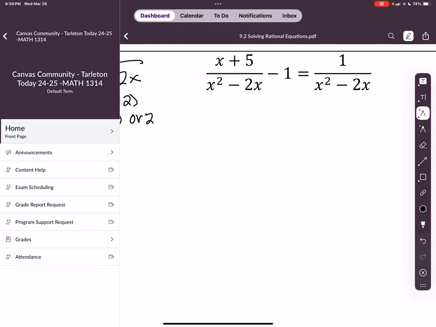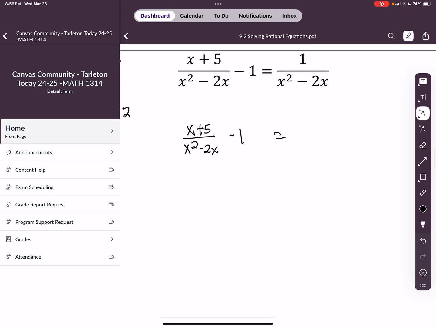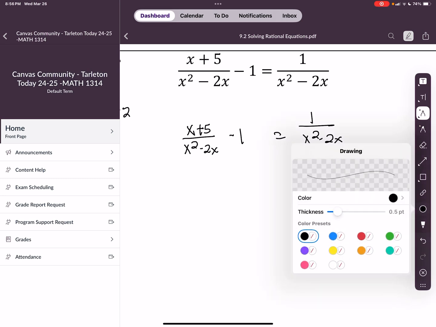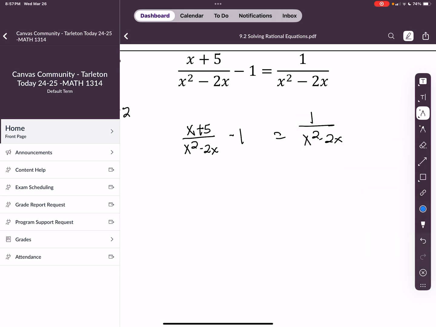So just pulling down our equation, x plus 5 over x squared minus 2x minus 1 equals 1 over x squared minus 2x, okay? So now this one, it's not that bad as far as what you need to multiply to get the same LCD, right?